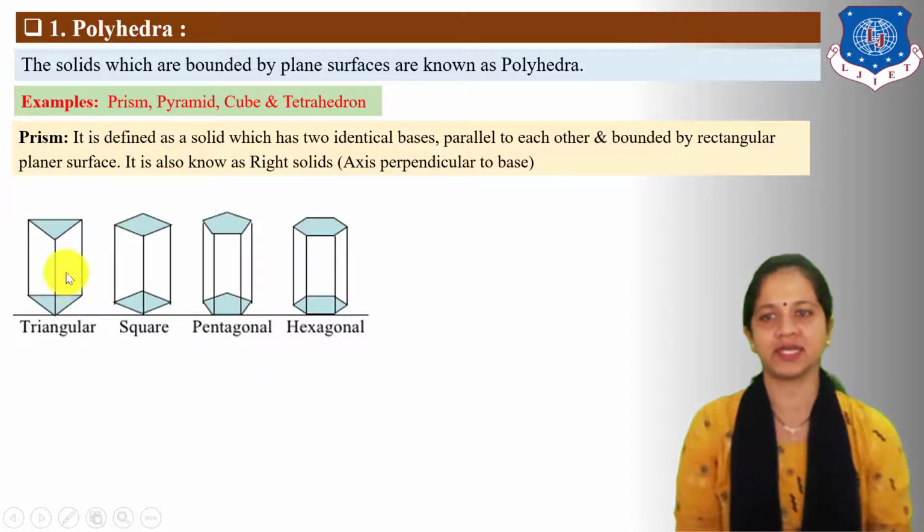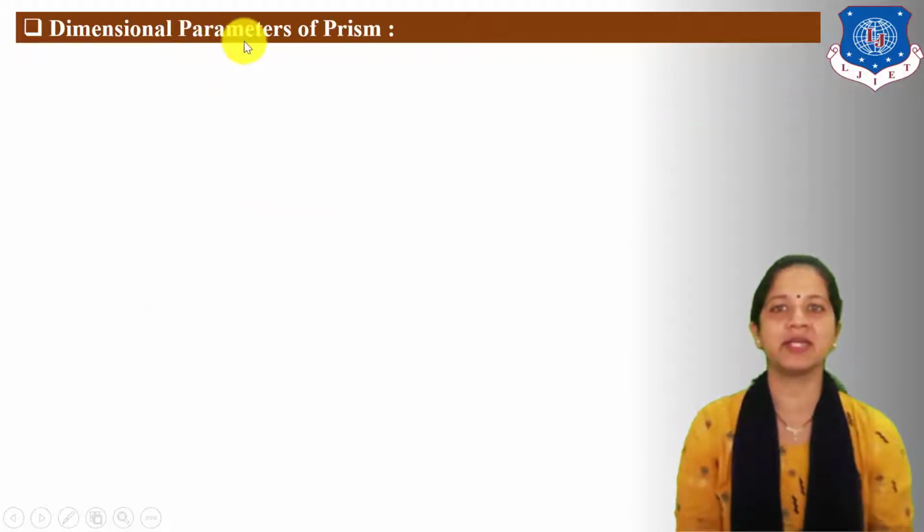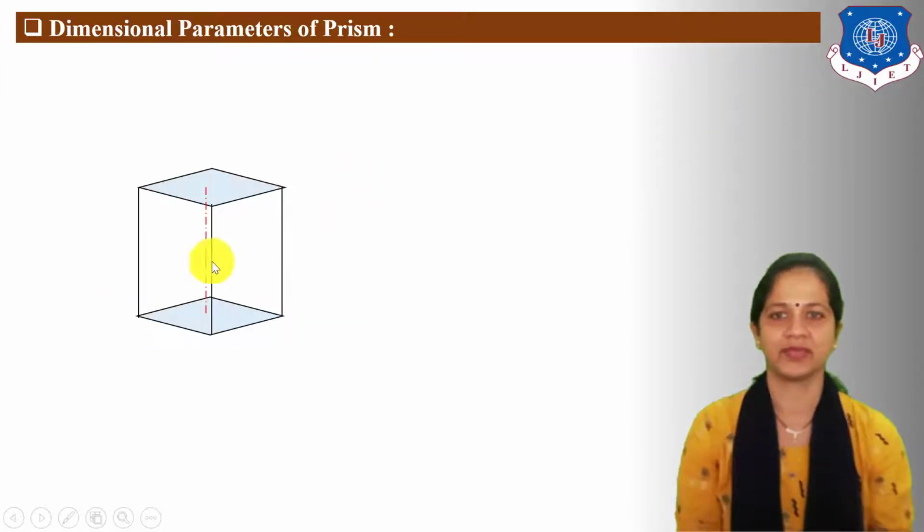Next, let us understand the dimensional parameters of prism. Here, square prism is given. This is the base of prism. This is top face of prism.